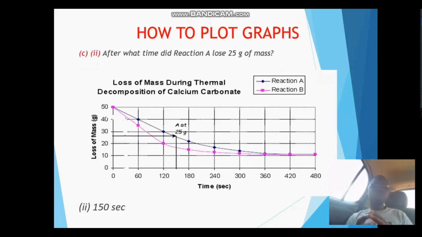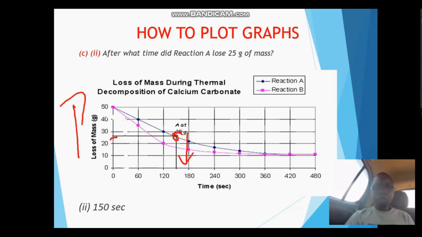So the other question is, after what time did reaction A lose 25 grams of the mass? 25 is basically half of 50. So what are we going to do? We are going to go on the graph for the mass loss and go where 25 is. Then we'll draw a straight line to reach reaction A, then there it should go downwards.